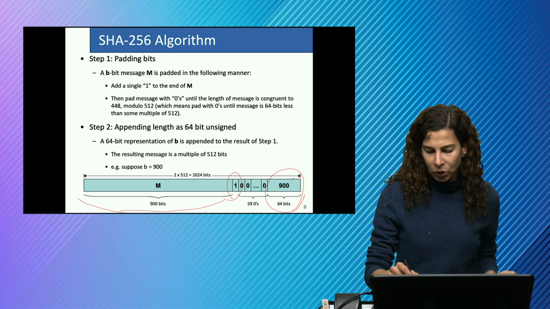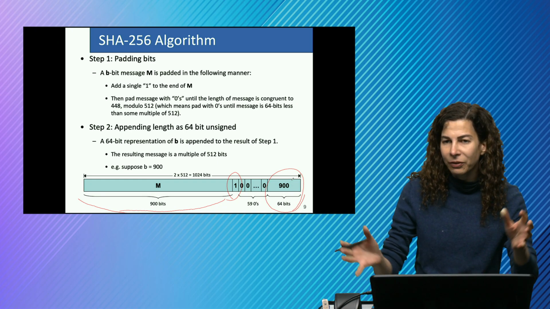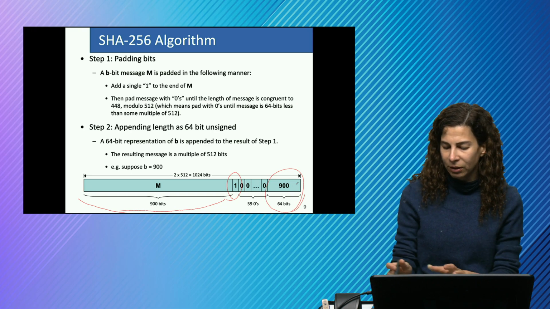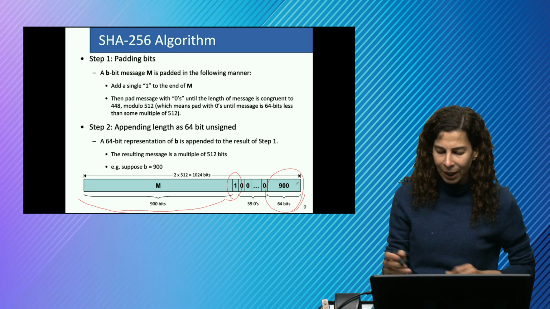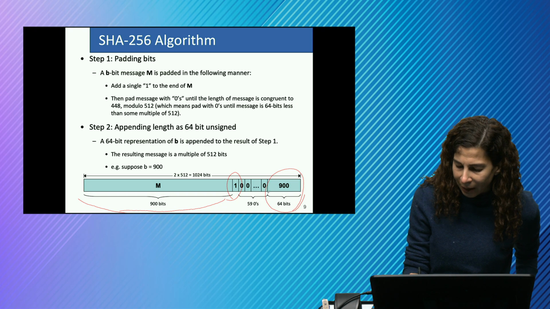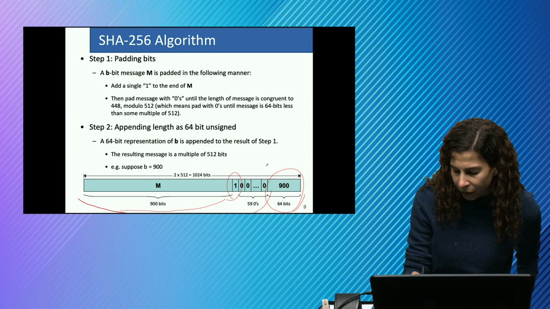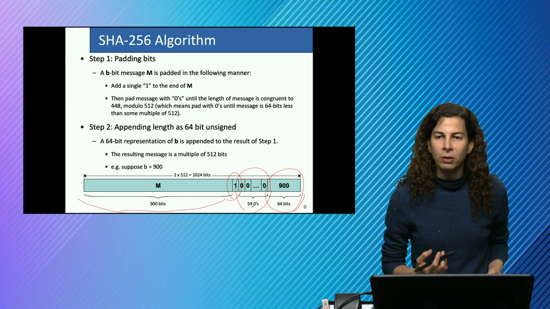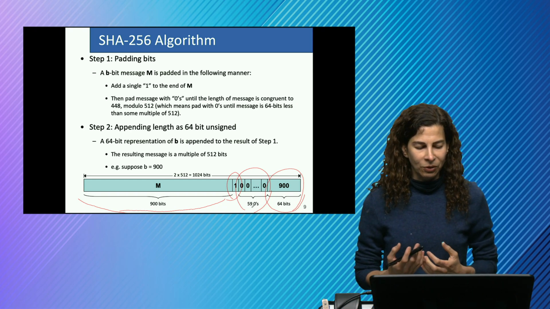of the file. So then we will have some slots remaining between this 1 and the 64 bits that we left for the size. So the rest of them in this particular example will be 59 bits, and we insert zeros in these 59 bits. Now we get to a multiple of 512 using this procedure.